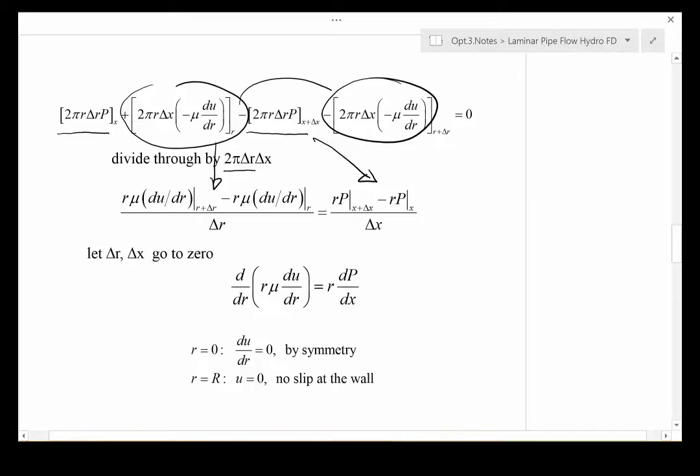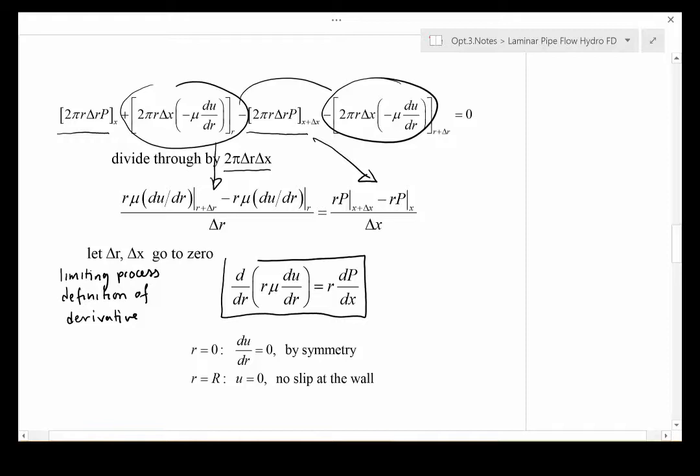We divide by 2 pi r delta x. And then we do a limiting process. This limiting process is using the definition of a derivative. And in doing so, we get this differential equation in terms of the velocity derivative with respect to r and a pressure gradient in x.